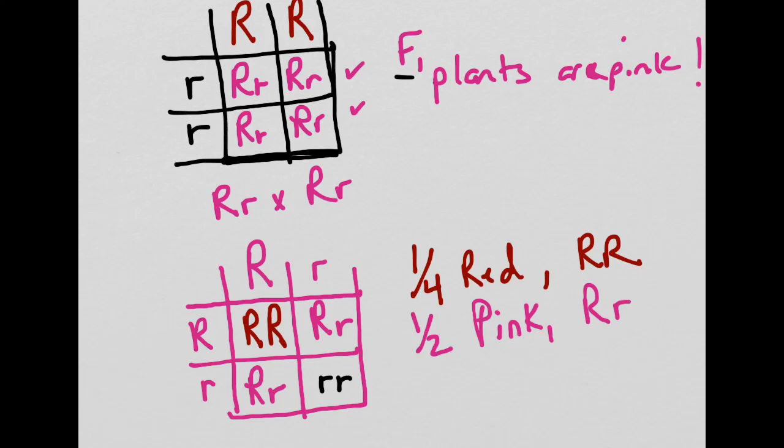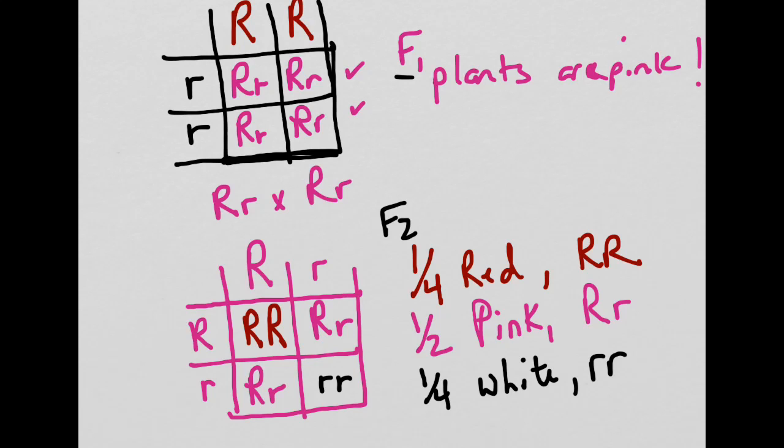And then also one quarter of them will be white, little r, little r. So now this third year, these will be your F2s. In this third year in your flower bed, you have reds, pinks, and whites.